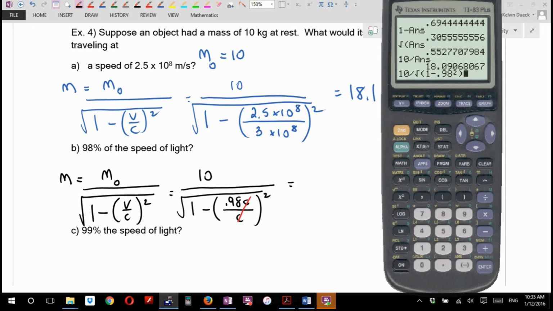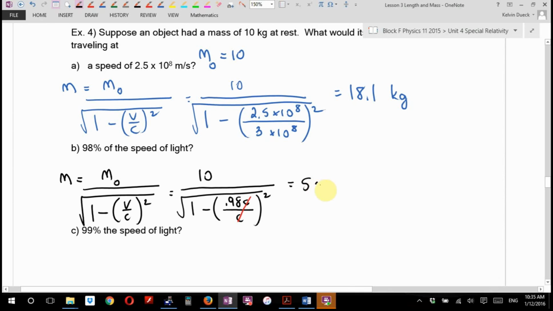What would the mass of 10 kilograms increase to at 98% of the speed of light? 50 point... Matt, what would I round this off to, a 2 or a 3? Good. As you go faster, Matt, what seems to be happening to the mass of our object?